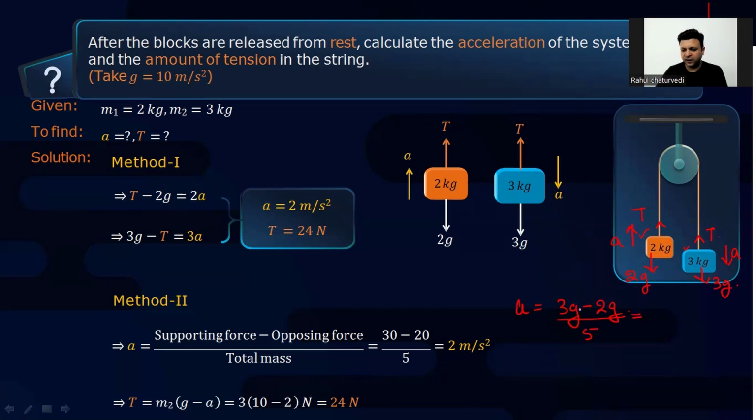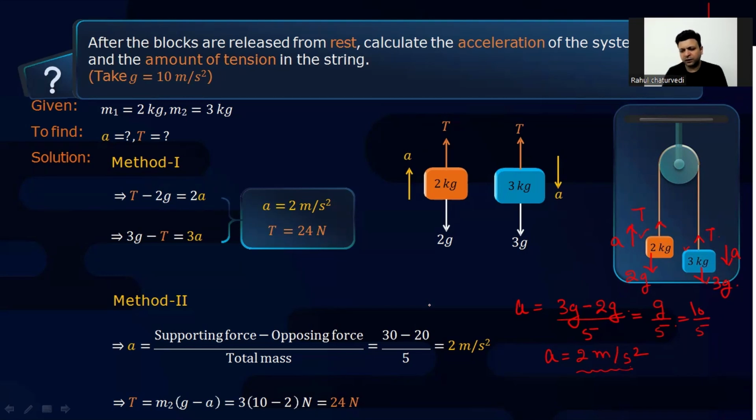Or you can say 3g minus 2g will be equal to g upon 5. Fine. And g is 10 meter per second square divided by 5. So acceleration will be equal to 2 meter per second square. Right? So no need to form the equation. Again, you may be thinking about how we can find out the tension. So for the tension part, simply you can observe any of the blocks.